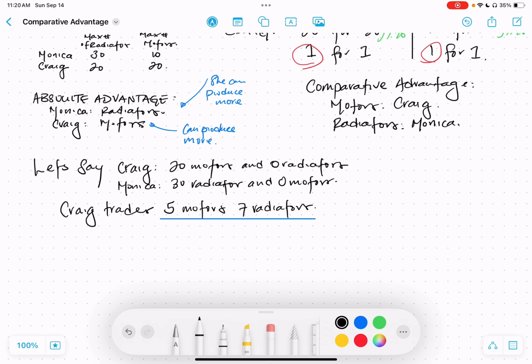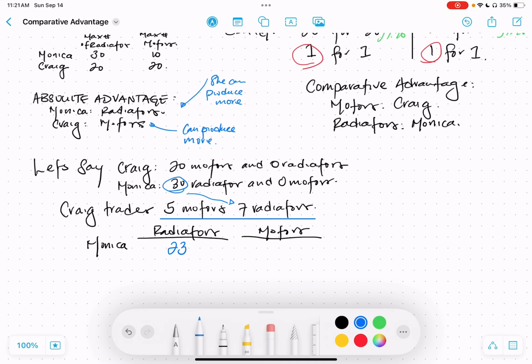So what does that mean? Let's do a little trade table here. That's radiators and motors. Okay. So because she ordinarily would have produced 30, but she's giving up 7 radiators, we say that she has 23.